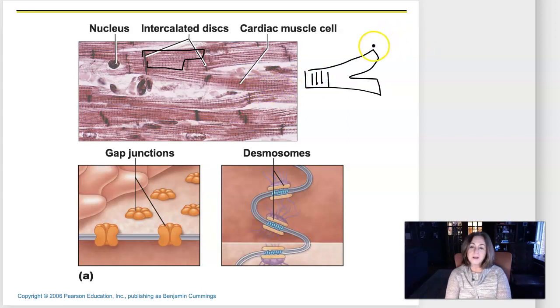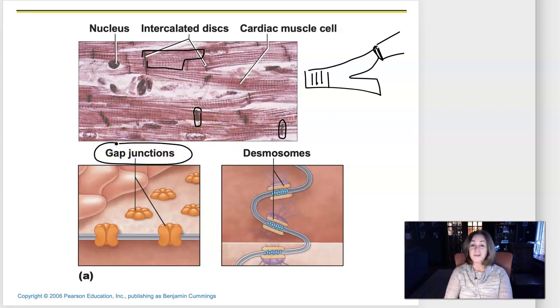And where one cardiac muscle cell contacts a neighboring cardiac muscle cell, this area is known as an intercalated disc. You can see the intercalated discs in this diagram. That's just where one cardiac muscle cell is contacting a neighboring cell. The significance of the intercalated disc is that that's where there are gap junctions.